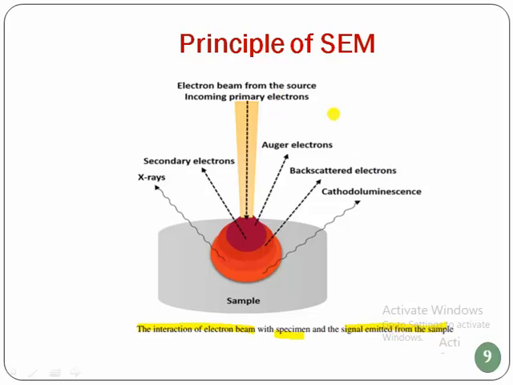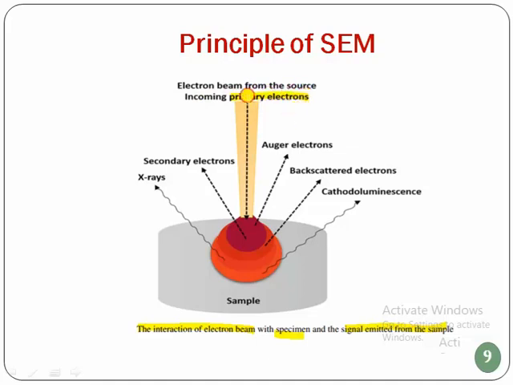What is the basic principle of the scanning electron microscope? As with other instruments, there will be an energy source, a source of light. From that source the electron beam comes to the sample, and these electrons are known as primary electrons.